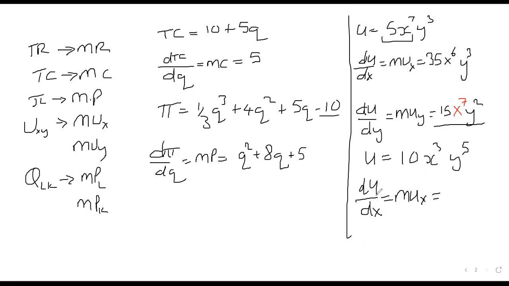So du dx, we're interested only in these two. So our y, we leave it as a dummy, y to the power 5. So what we're remaining with is 10x3. So 10x3, when you differentiate it, it will be 30x squared. Right. And if we're going to do du over dy, this is our marginal utility of y. Our dummy in this case is x3.